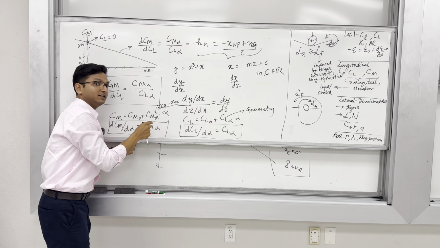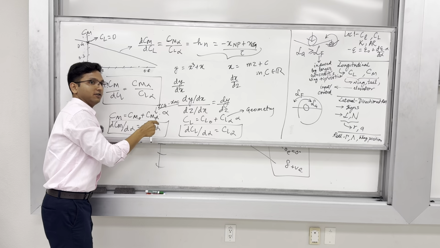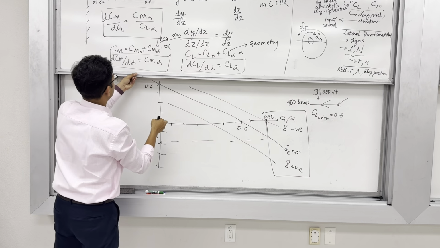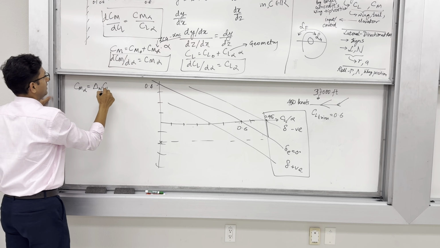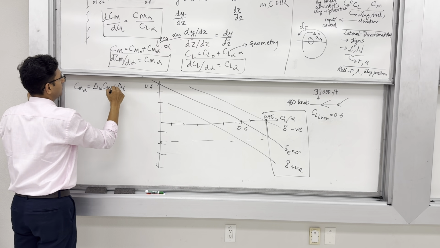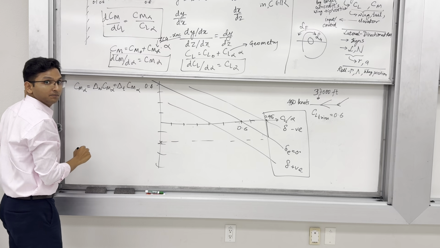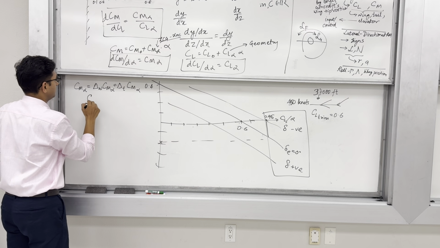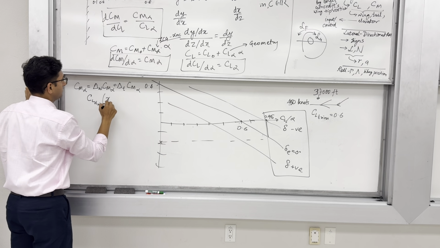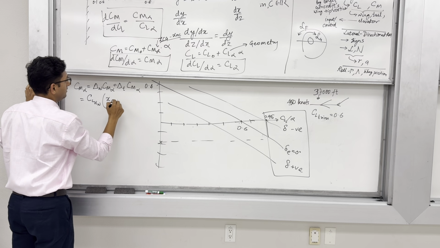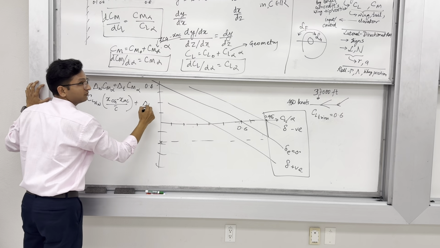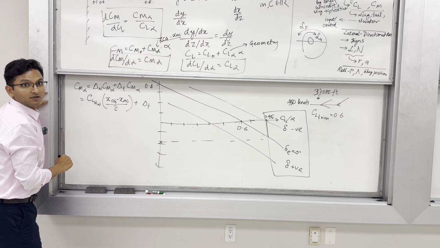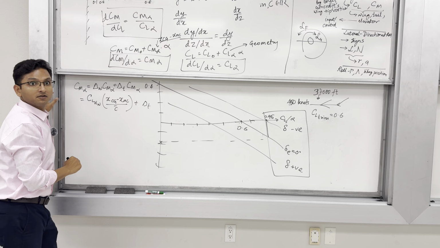So I am saying that inside the expression for Cm alpha, you are going to expand Cm alpha like this: contribution from the wing Cm alpha, contribution from the tail Cm alpha, right? And this part has Cl alpha wing times (xCG minus xAC) by c bar plus the tail contribution.